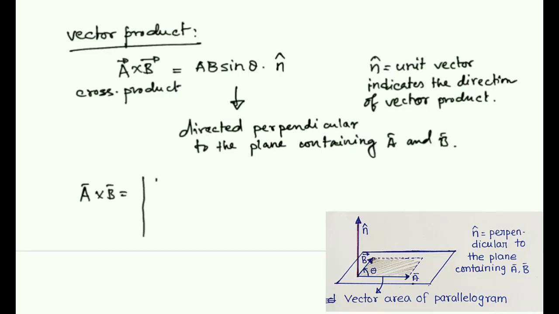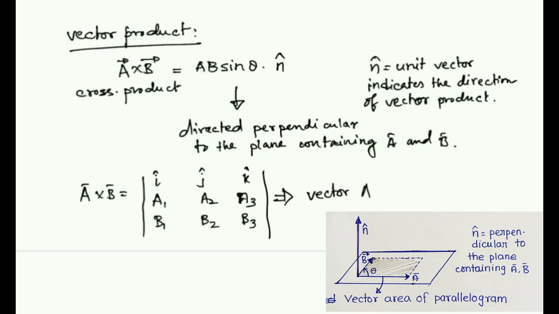This cross product we can write in matrix form, with i, j, k and their components A1, A2, A3, B1, B2, B3. And the important information is that the result of the vector product gives the vector area of a parallelogram.